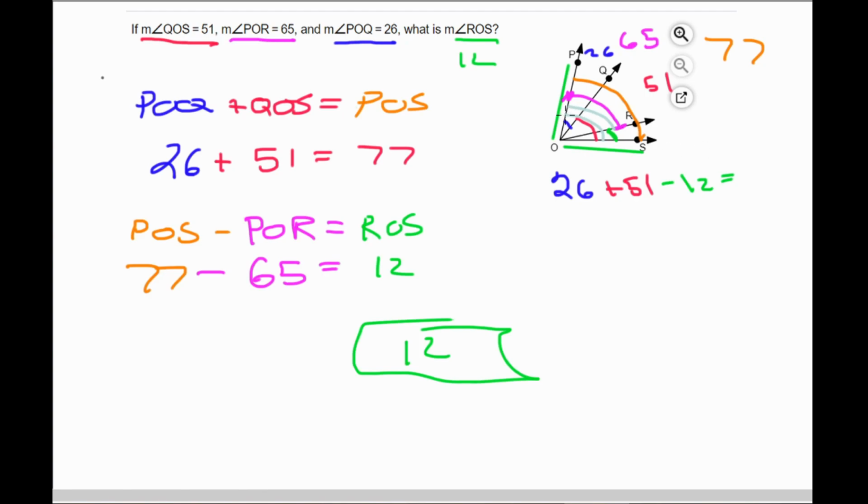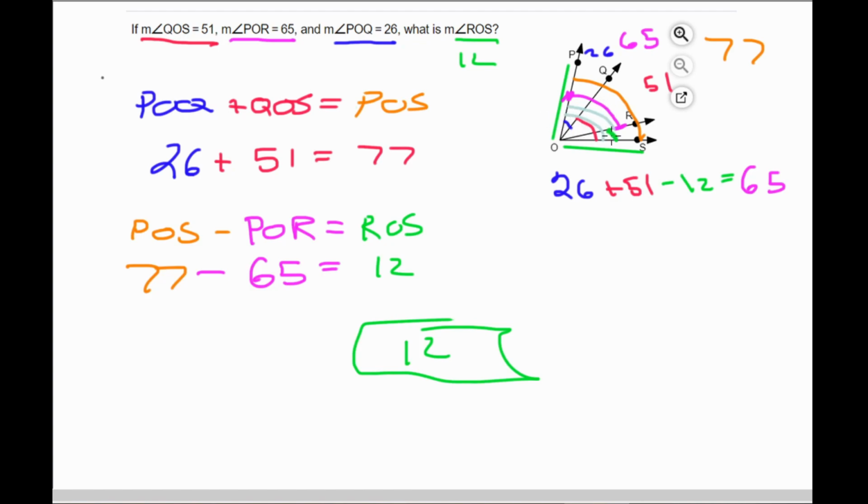So my purple value was 65. Let's switch to purple. If this equals 65, then I have shown that my blue line plus my red line gives me the entire angle.